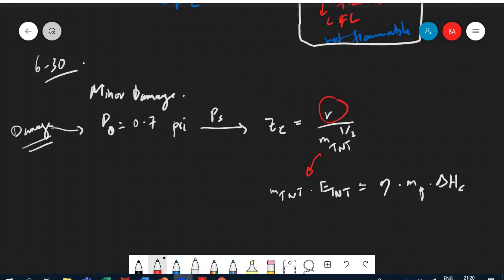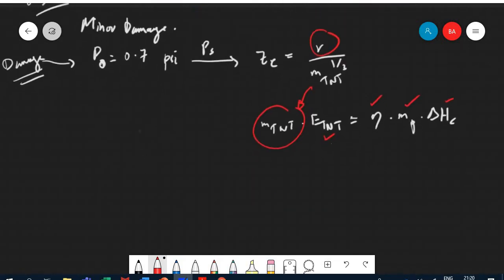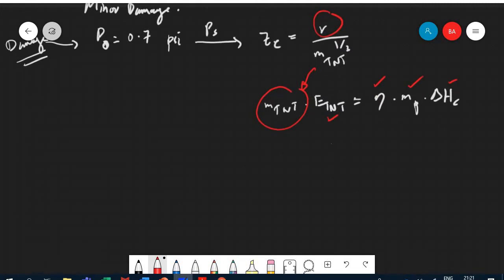So this is given to us, and this is given to us, and we are going to consider the value of 0.05 for nu. And we already know E TNT, we can calculate MTNT, right? And then we substitute MTNT here, and we already have ZE, and we can calculate R. I think our problem is very clear here, and we can go on and start solving our problem.